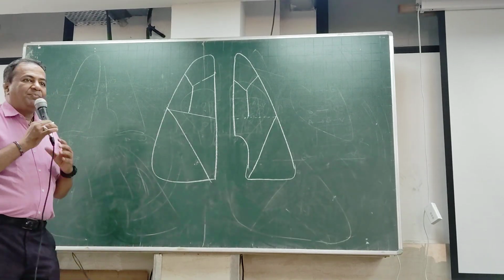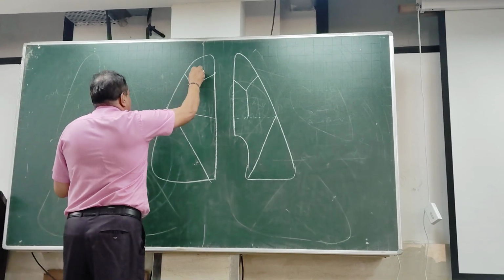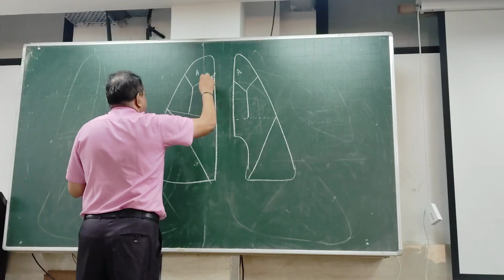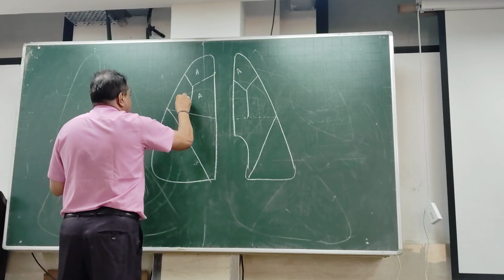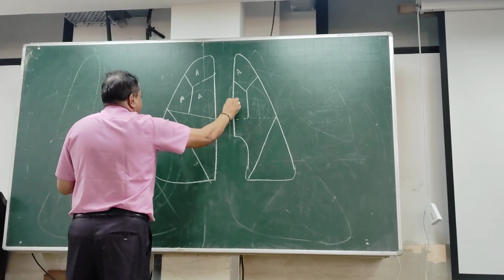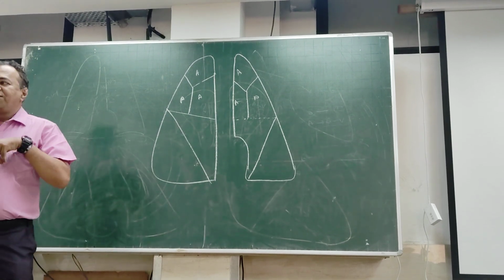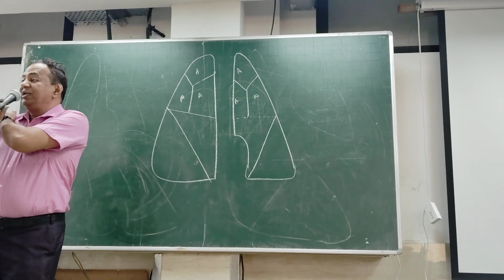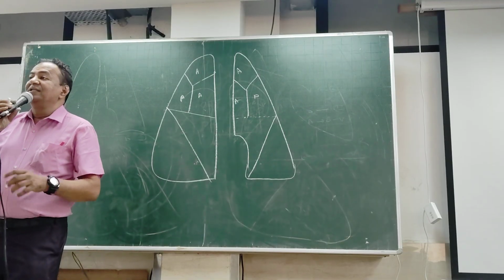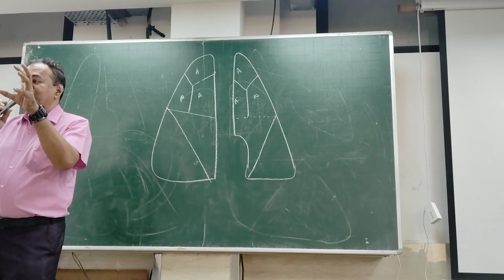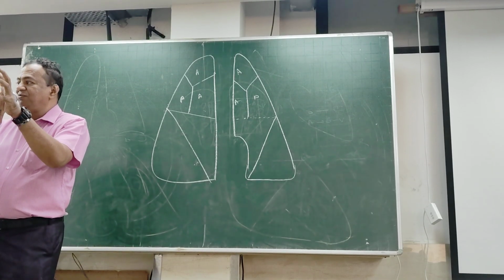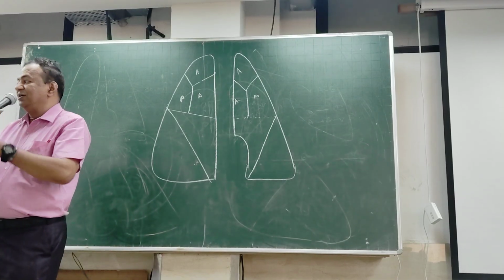So in the upper lobe there are 3 segments: apical, anterior, posterior. Bronchopulmonary segments are the segments of the lung which are aerated by the tertiary bronchus.